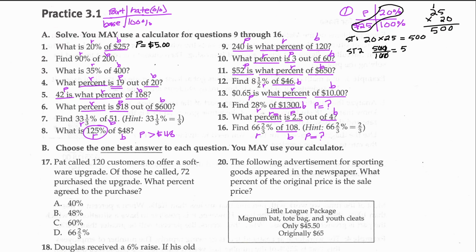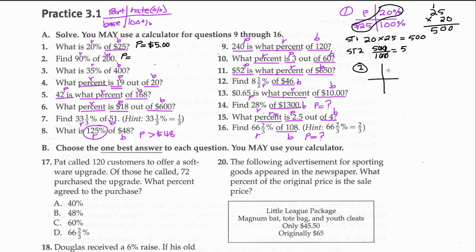For number 2, find 90% of 200. So what's not given is also P. P is not given. So we are going to use the same formula here for number 2 and the rest of it. So let's look at number 2. Let's put a big plus.